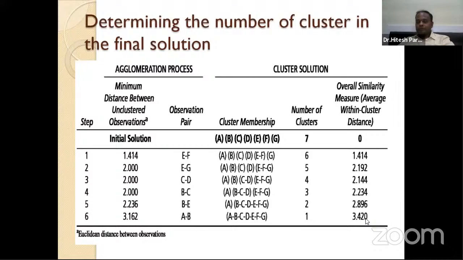So the highest difference you can observe is from 1 to 2, around 0.5. Then from 2 to 3, around 0.6, which is greater than 1 to 2. So from 2 to 3, you have observed a fair amount of difference. And then from 5 to 6, you have also observed a fair amount of difference.